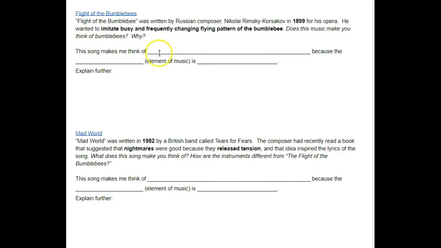So you describe the movie scene, whether it's a chase, whether it's somebody getting anxious, whether it's something to do with that tempo perhaps, because then tempo could be quick or frantic, and that's what's making you think of that particular scene. Maybe it's somebody scrambling over rocks because things keep moving, nothing's stationary, the characters need to keep moving.